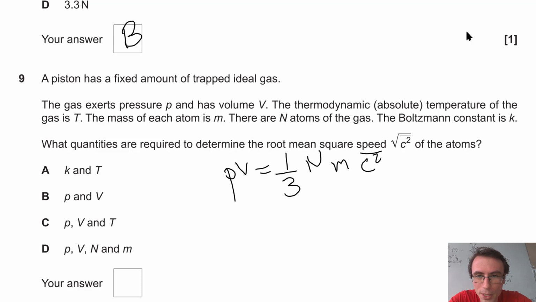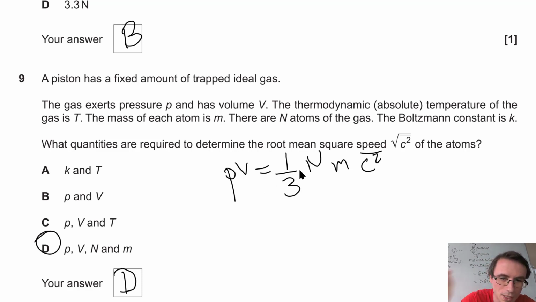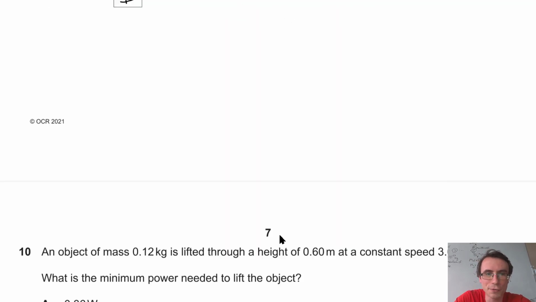Anyways, so PV is equal to 1/3 NM multiplied by the mean square speed. Okay, so PV, N, and M are required because the third is just a third, so correct answer is D in this situation. Just testing our familiarity with the formula booklet.